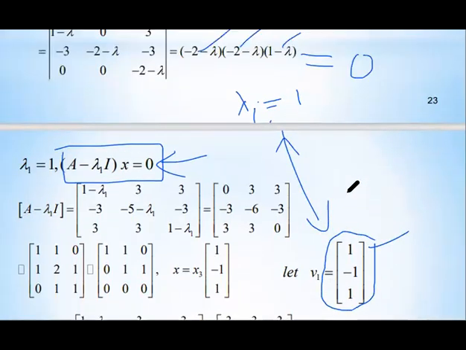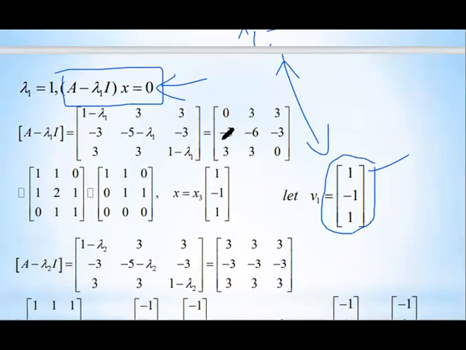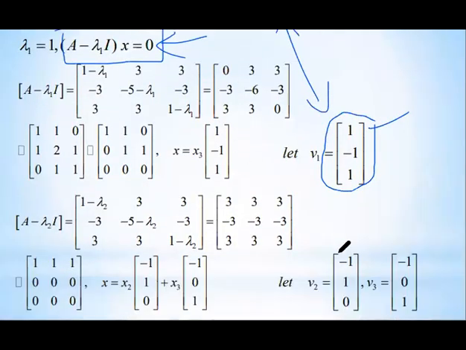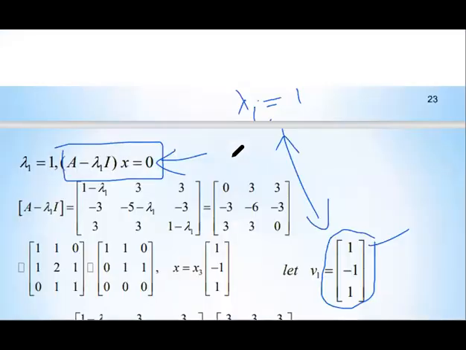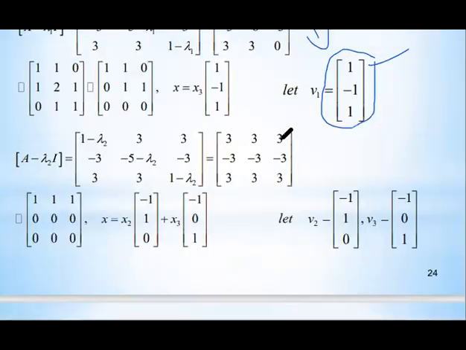Now we consider the other eigenvalue. What are the other two? These coincide: lambda equals minus 2.